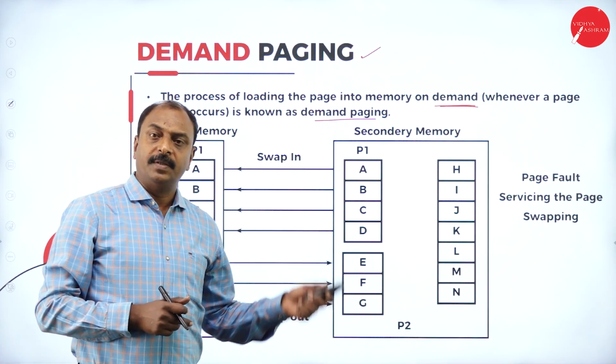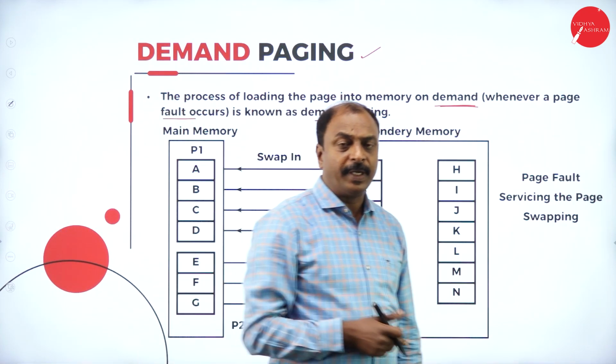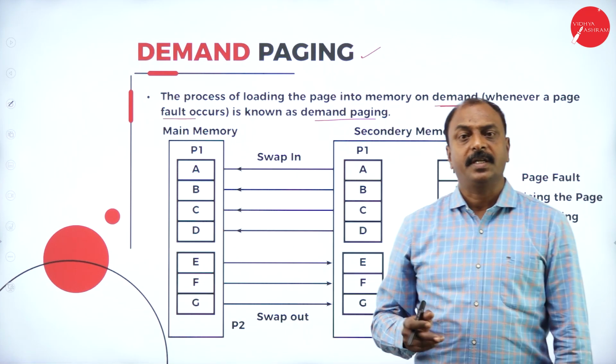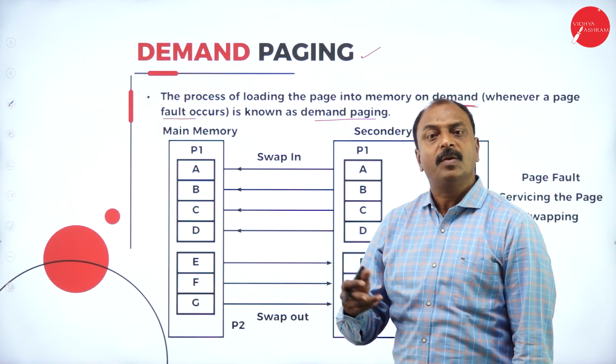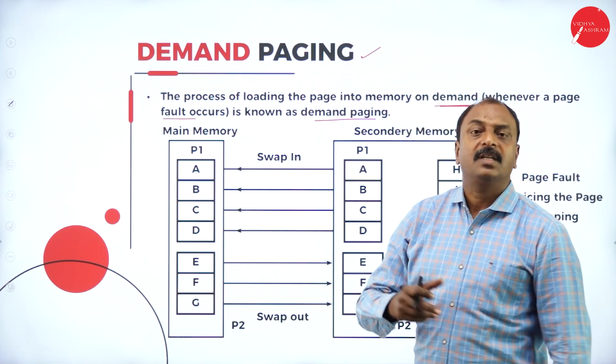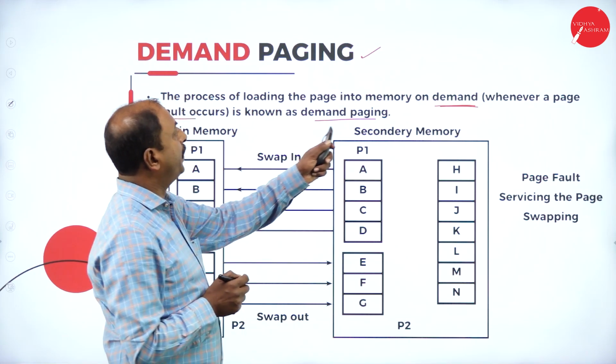Then the CPU has to get the required page from the secondary memory devices for processing. That is called servicing the page. So this is called page fault.